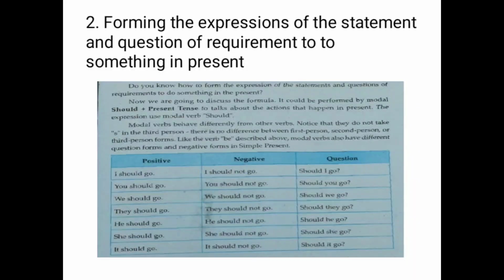Okay, please give attention to the columns. First column is positive, second column is negative, and the third column is questions. So please give attention to the first column, positive. I should go. Oh, okay, I'm sorry, I forgot.